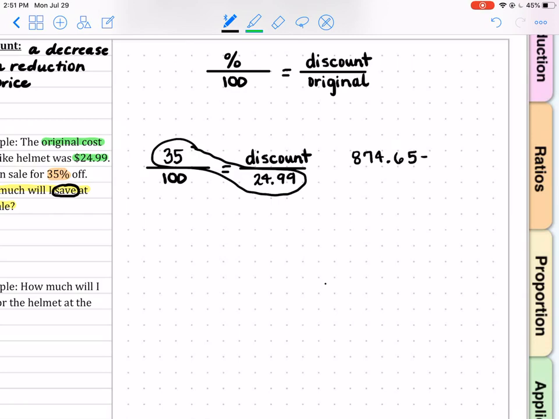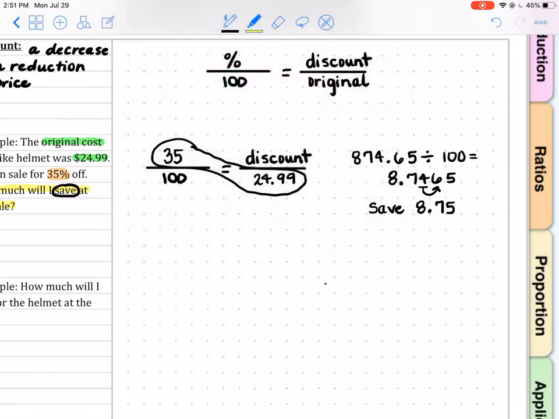But remember, we have to divide by the 100. And you're going to have to do some rounding. 8.7465. So let's round to the nearest penny. So you will save about $8.75.